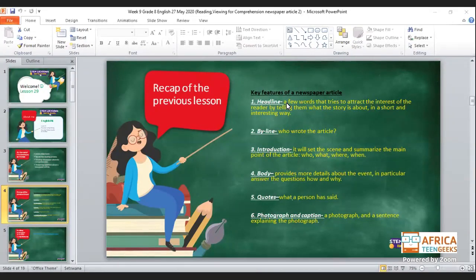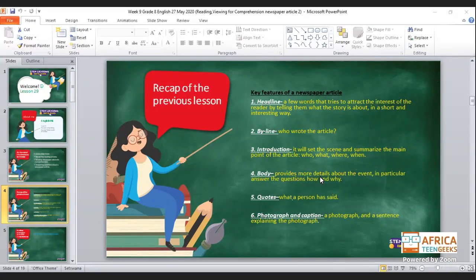We said that a headline has a few words that tries to attract our interest, and it is usually written in bold letters. We also said a byline tells us who wrote the article. The introduction sets the scene and it summarizes the main point of the article.